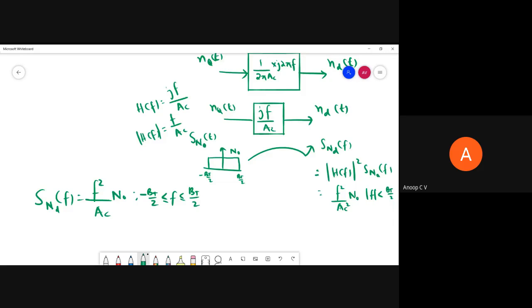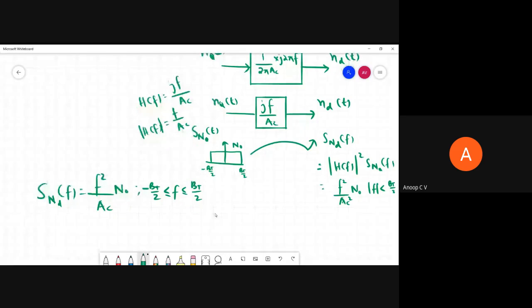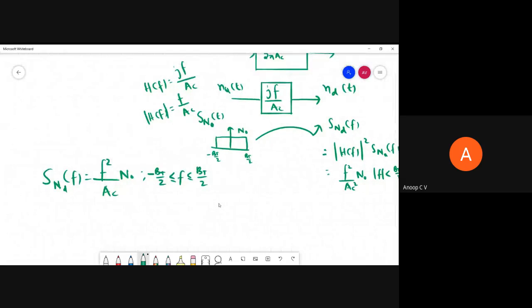So how to plot this now? We can plot this easily. This is our SNQ of f. SND of f also will be defined between minus Bt by 2 and plus Bt by 2. But when f is equal to 0, it will be equal to 0. It is proportional to f square, so it will be something like this.